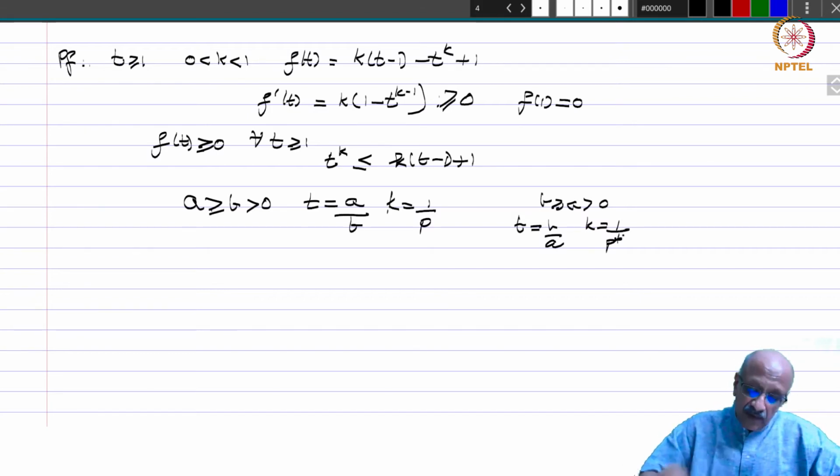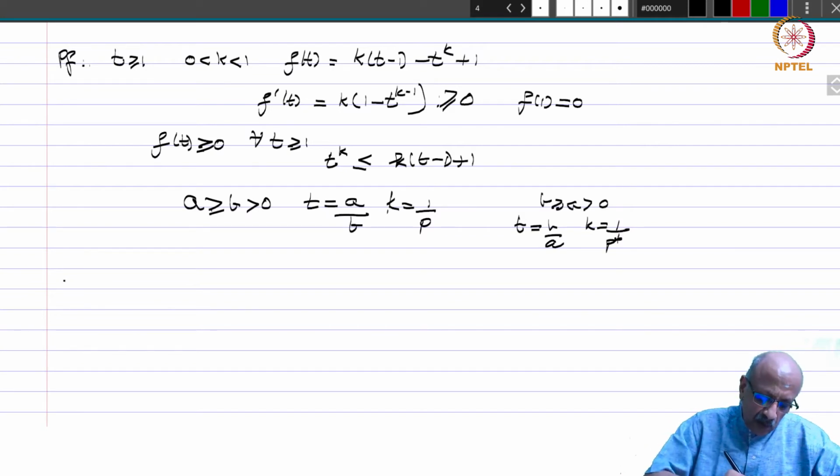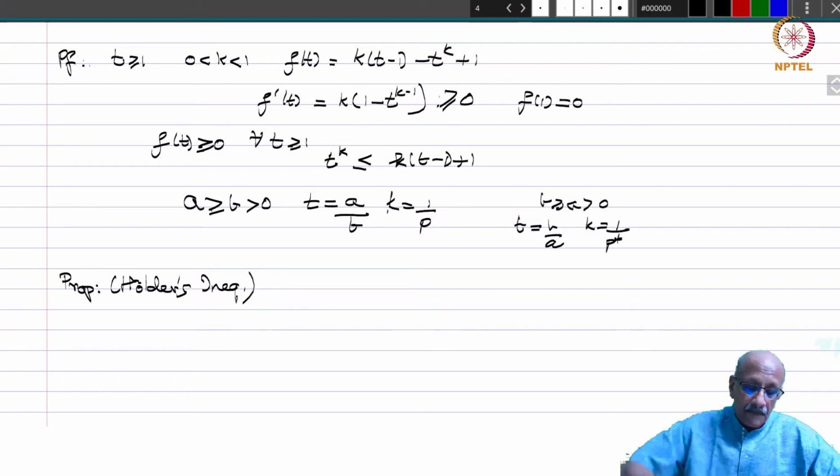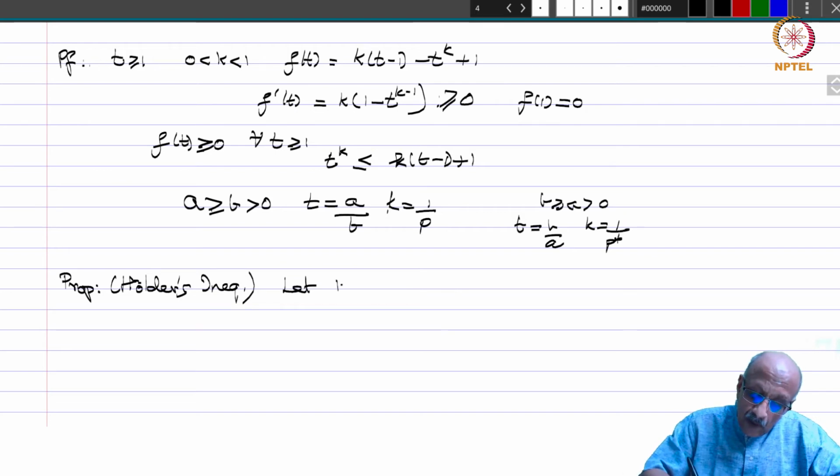So using this particular lemma, we now prove an important result. Proposition. This is called Hölder's inequality. Let 1 < p < ∞, p star the conjugate exponent.